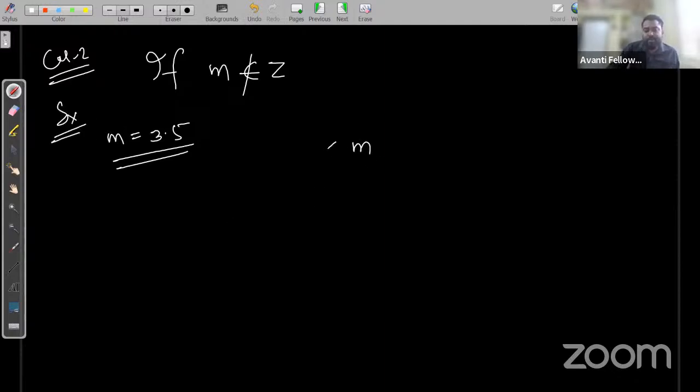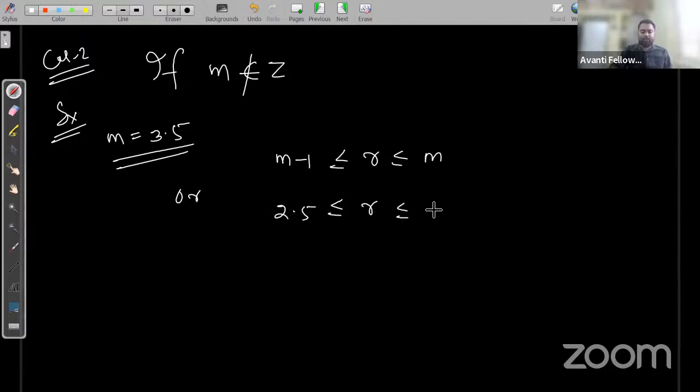So we know r is greater than or equal to m minus 1 and less than or equal to m, right? So in this case, r will be greater than or equal to 3.5 minus 1, that is 2.5, and less than or equal to 3.5.